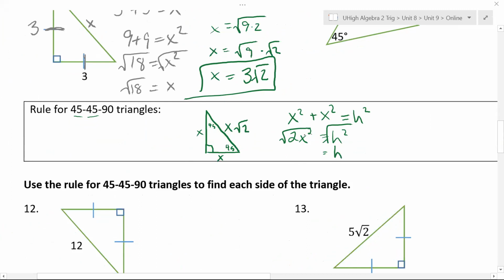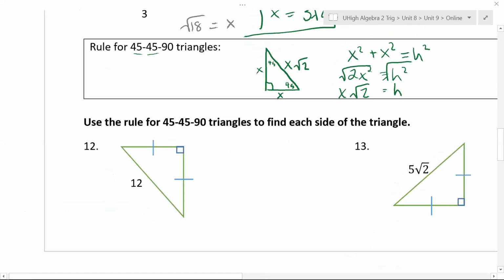But I could simplify, the square root of x squared is just x. And we have the square root of 2. So that hypotenuse is x root 2. So for any 45, 45, 90 triangle that we have, my legs are going to be the same value. My hypotenuse is going to be the length of my legs times the square root of 2.